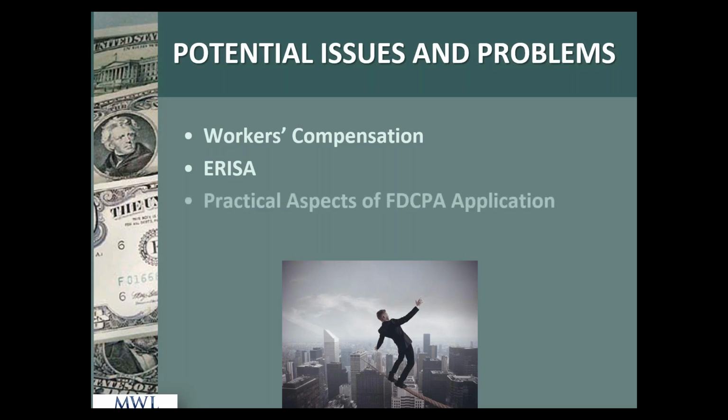But then just some practical aspects of the FDCPA application. One of the things about the FDCPA is if you're going to file suit against the debtor, you got to either do it where they signed the written contract for the obligation or where they resided.